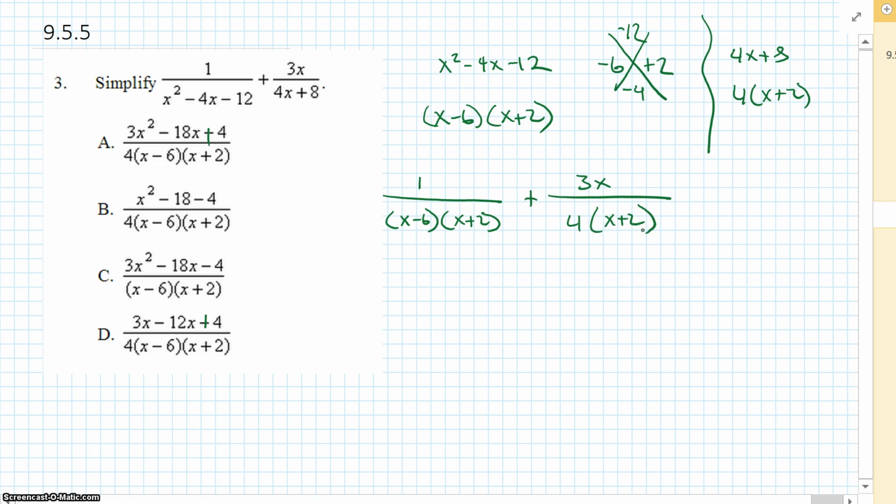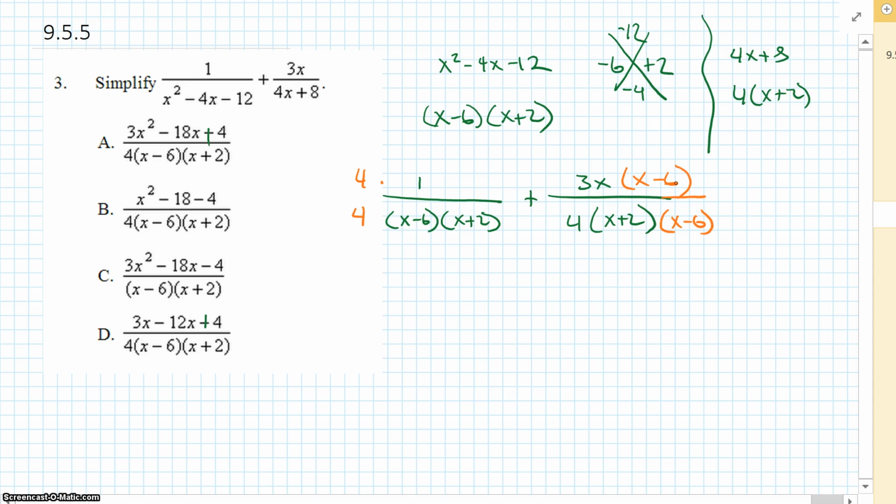Alright, we need to get everything to look the same. So what do I need to multiply the left term by to get them to match? I need a 4. So if I multiply the bottom by 4, I multiply the top by 4. Now what do I need to multiply the right term by to get the bottom to be the same? x minus 6. So if I multiply x minus 6 on the bottom, I have to multiply x minus 6 on the top.